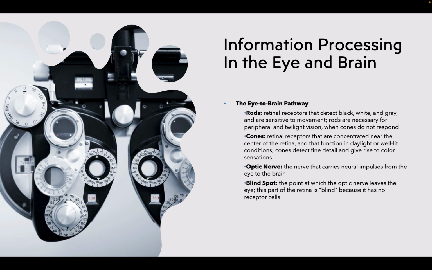Within the retina, there are a couple other really important parts. Actually, before we move on from that, there's also the pupil, the lens, the iris, and the cornea, and those are all very important to understanding how the eye works, but they're not really essential in understanding the transduction of energy and how it works within the brain.